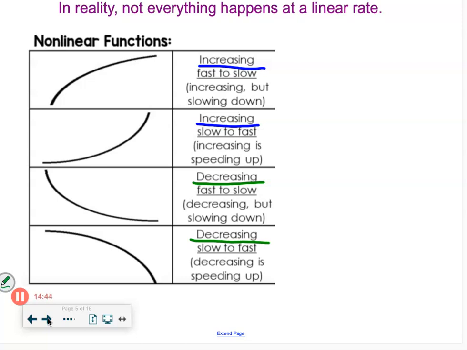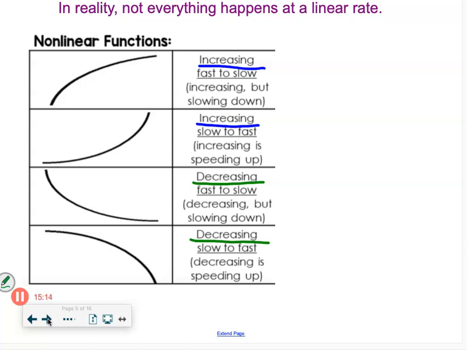I know it's weird, but because they're negative, this one's like -100 and this one's -1/2, which is a bigger number. So we're not really talking about the numeric value. We're talking more about the size of the slope, like the magnitude, the absolute value of the slope. So really steep, shallow. If you're going from steep to shallow, you're decreasing, but you're slowing down. If you're going from shallow to steep, you're decreasing, but you're speeding up.